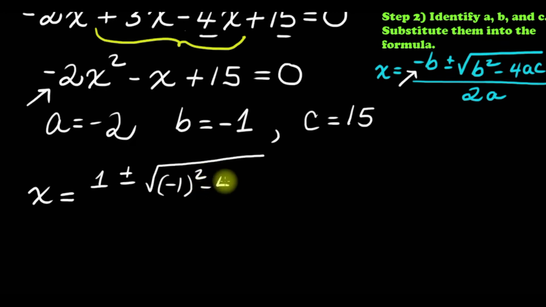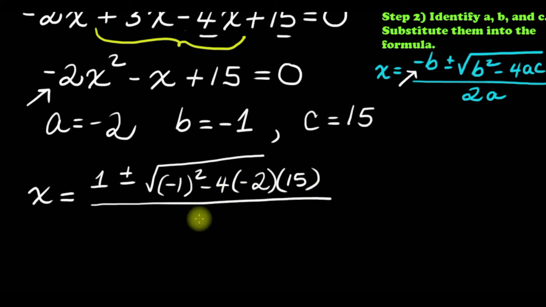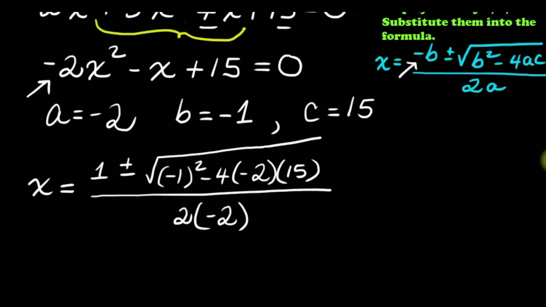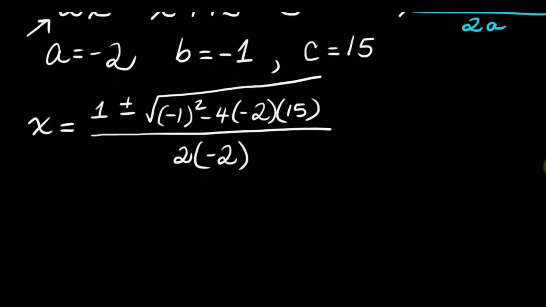Take away 4 times a. A is negative 2, and then times c, and c is 15. Okay, and then that whole thing all over 2 times a, so that's going to be 2 times negative 2. As you can see, everything is plugged in, the a, the b, and the c. All right, so that is step 2.